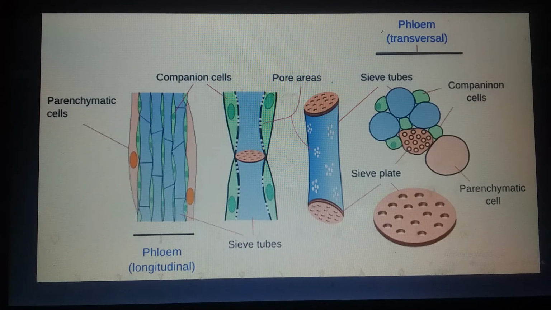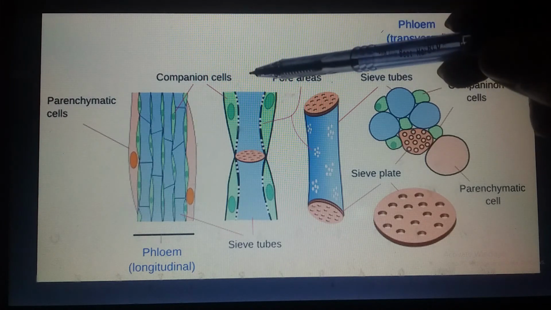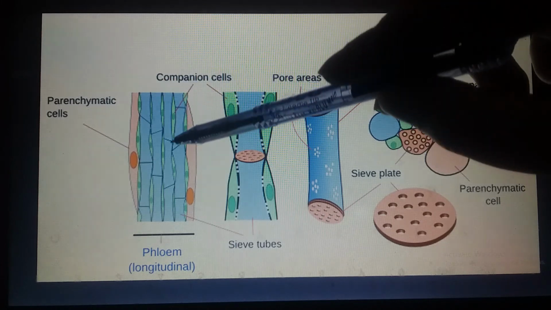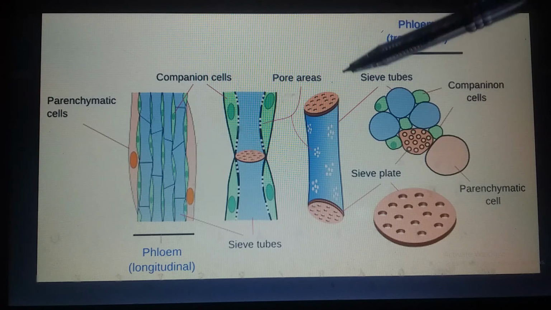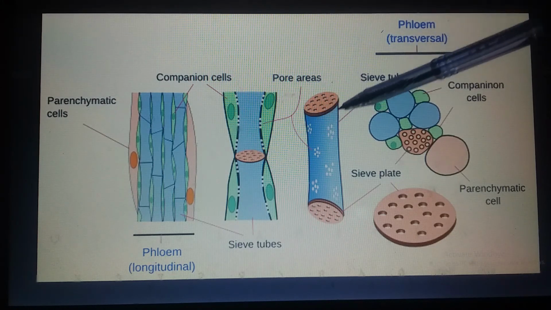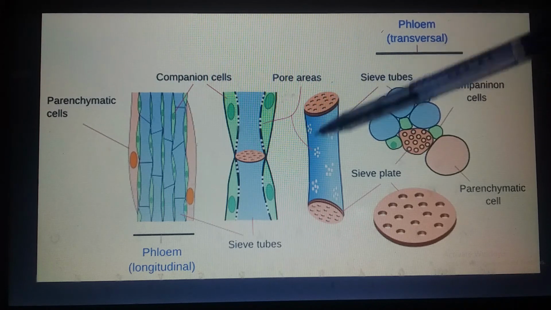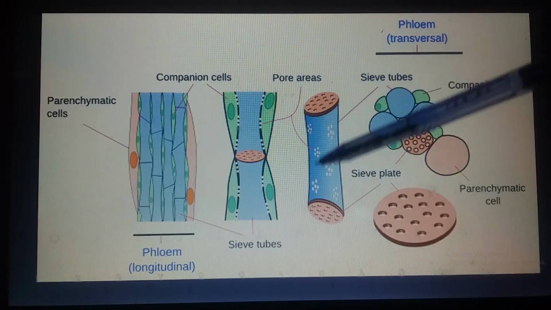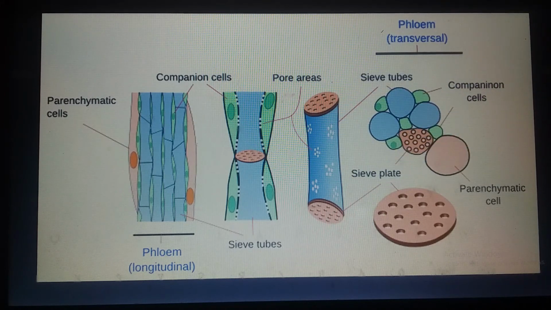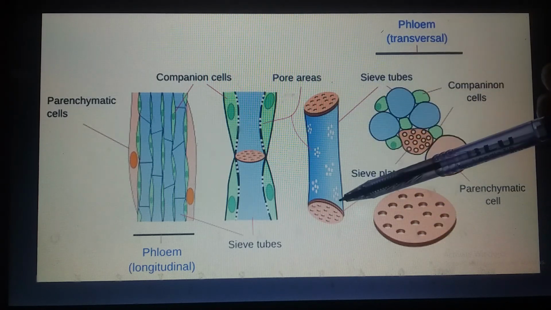You can see here a very clear diagram and a very beautiful arrangement of the companion cells, parenchymatous cells and the sieve tubes. Sieve tubes are called sieve tubes because of the presence of a sieve, a porous perforated plate, at both ends of the sieve tube.